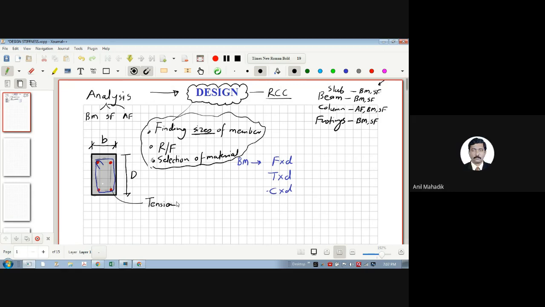Whenever there is a bending moment in a beam, it carries tension and it carries compression also. So there is always compression and tension in the RCC beam. To take this tension, we provide reinforcement because concrete cannot take this tension. But for compression, we use the concrete material.